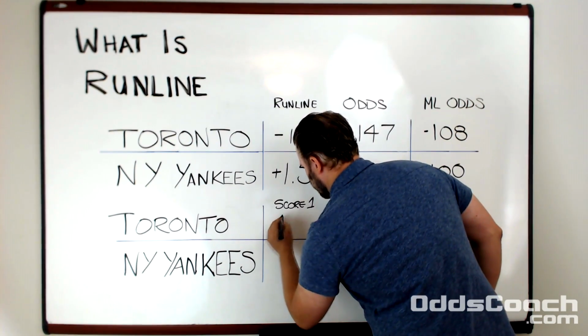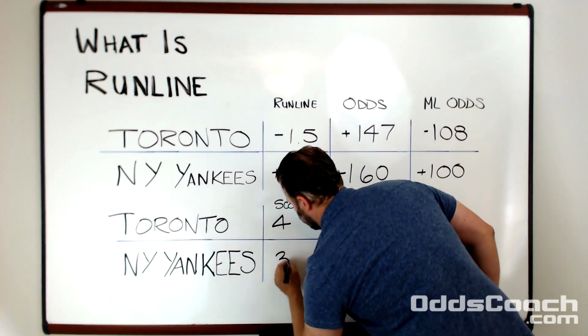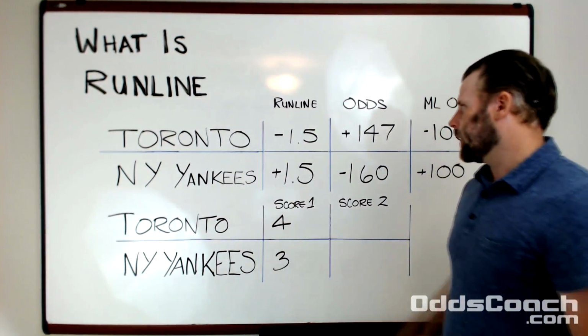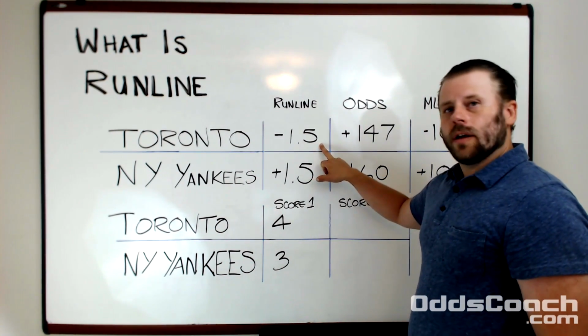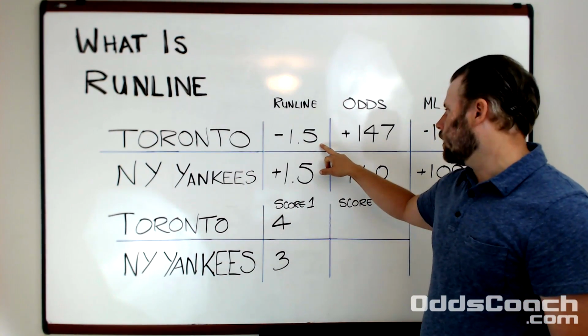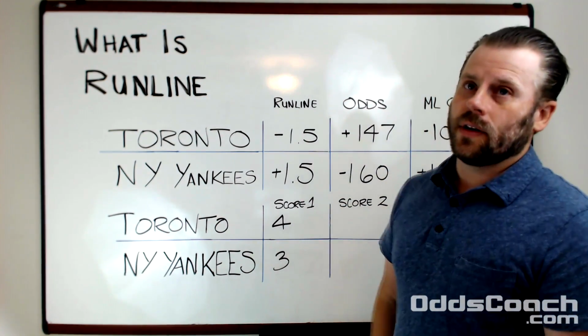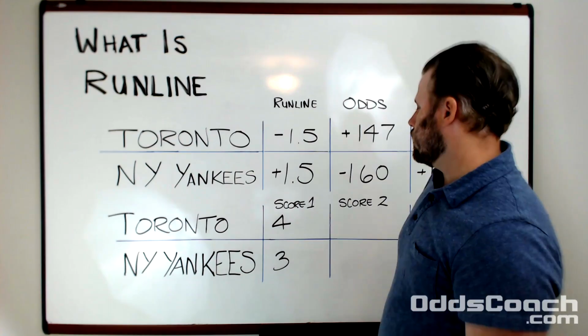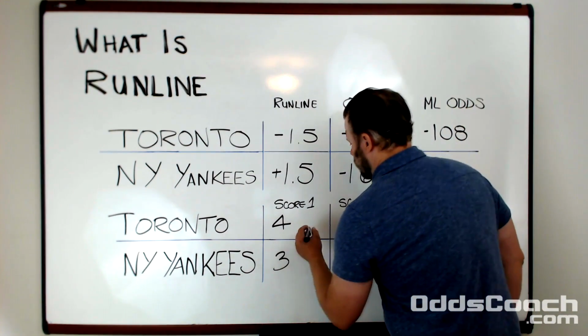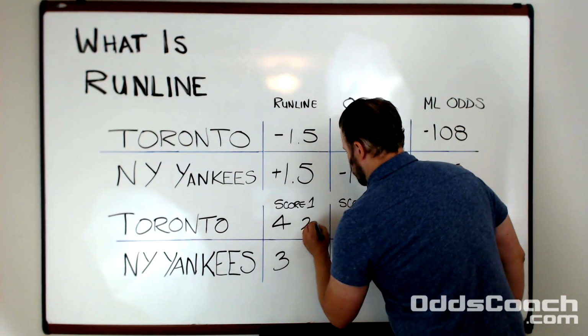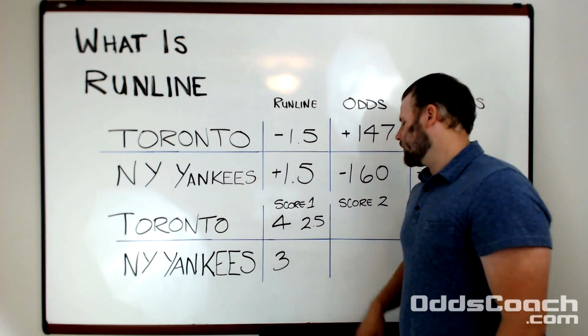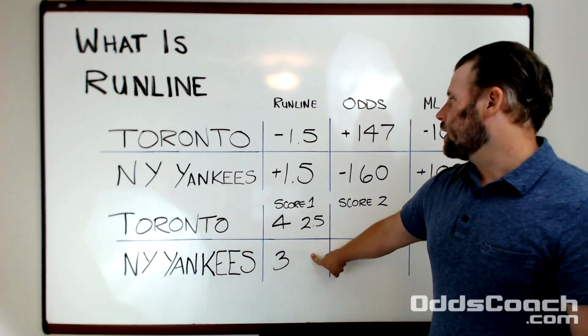Let's take a final score of 4-3 for Toronto. If you were to have bet the run line on Toronto, you have to, at the end of the game, subtract 1.5 runs from that score, which is actually going to give you a score of 2.5. So when you evaluate that, the Yankees are going to win.